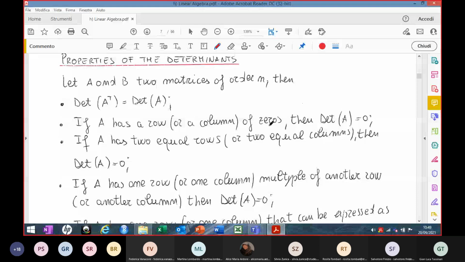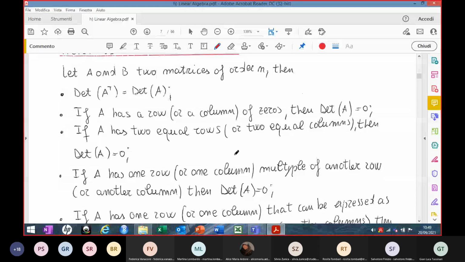If A has 2 equal rows or 2 equal columns, then the determinant of A is equal to 0.